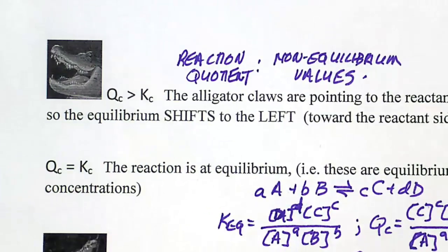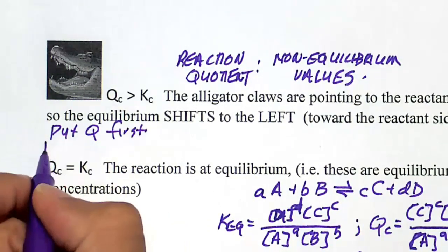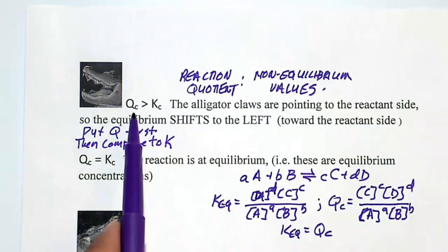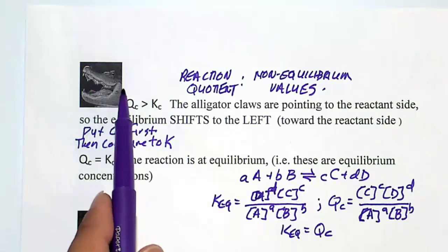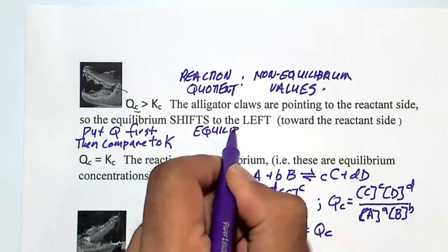The alligator clause only works if you put Q first compared to K, whether Kc, Kp, or Keq, whatever the subscript of K is. You have to put Q first. So when you put Q first, if Q is greater than K, the alligator clause points to the left, and the equilibrium favors the reactant side.